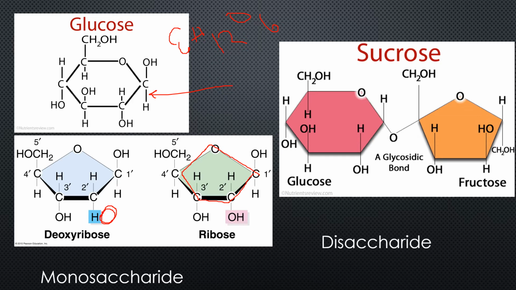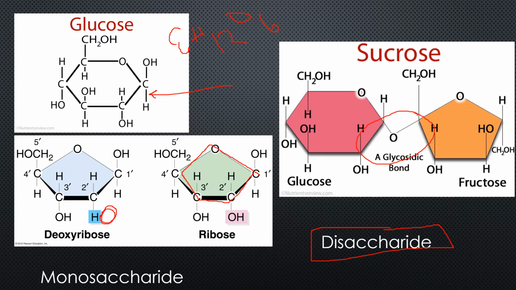Now, what we can do then is link a bunch of those monosaccharides together to make a disaccharide or a polysaccharide. And just like we talked about before, this is in a dehydration reaction, so we're removing water. So this is glucose plus fructose, and we've made this bond right here to join them together and make the disaccharide called sucrose.